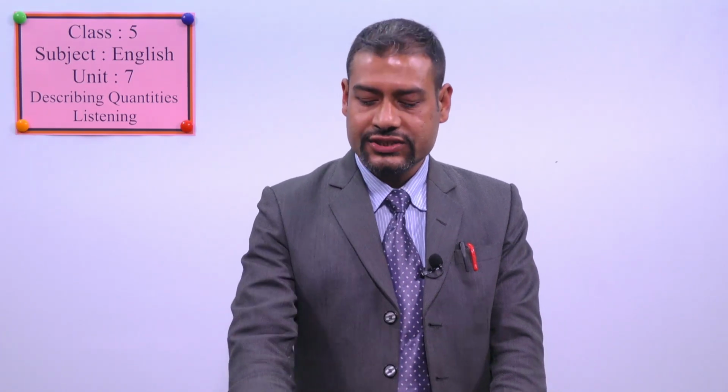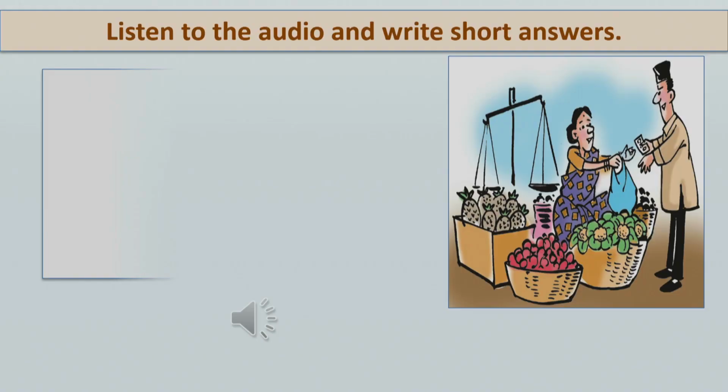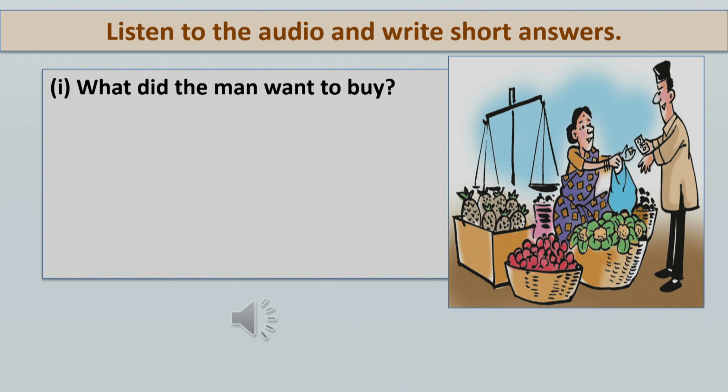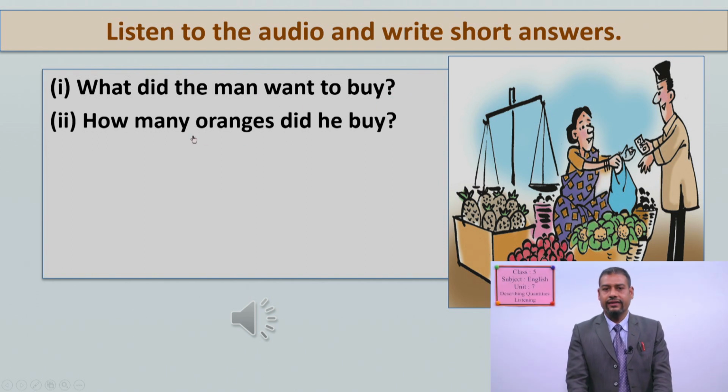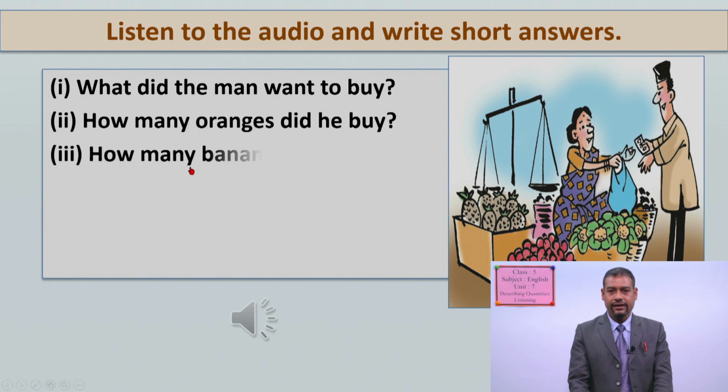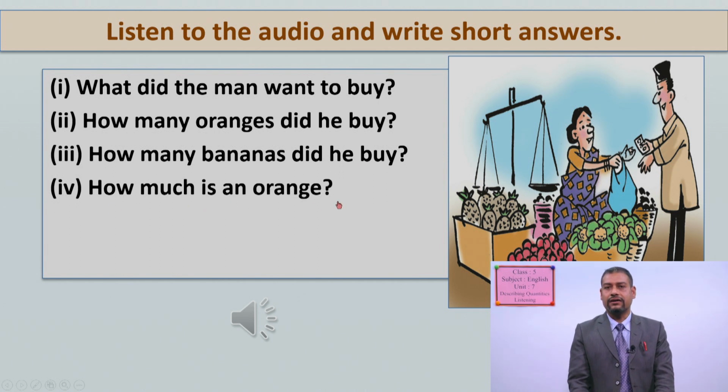So the question for you, and this time you have to write down the answer while listening to the audio. Once again, look at the questions. What did the man want to buy? How many oranges did he buy? How many bananas did he buy? How much is an orange?